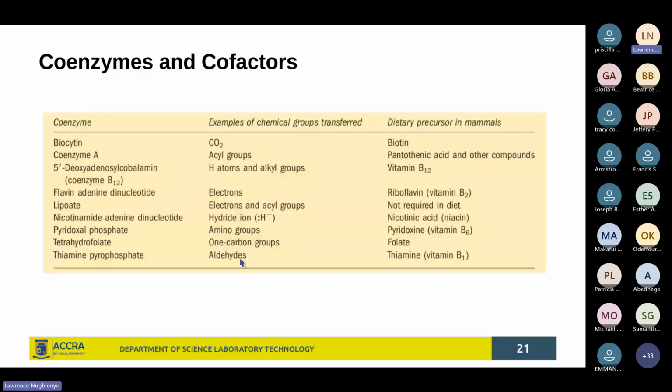Then you will notice that a lot of these coenzymes are vitamin Bs. So you are seeing that the precursor here is vitamin B12. You see another one here, which is vitamin B2, and you see another one which is B6. You see another one which is B1. And you even see nicotinic acid, which is niacin.